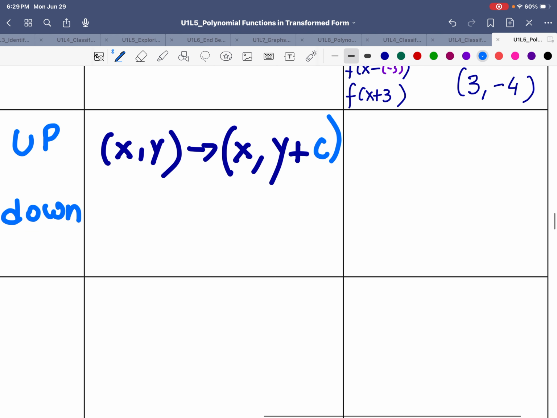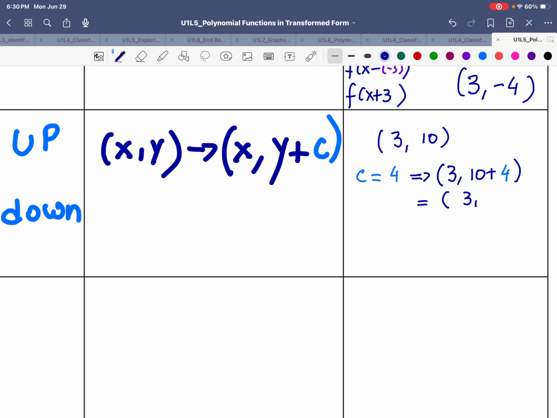If we happen to have a point on the graph of a parent function, say 3 and 10, and the c value is equal to positive 4, then the new image coordinates will become 3. Nothing happens to x, but the value of y will be increased by 4. So the image coordinates will be 3 and 14.